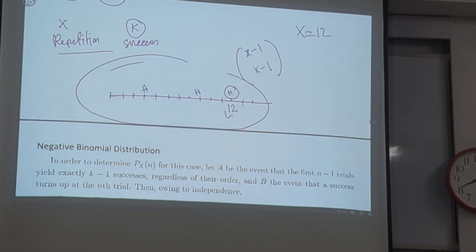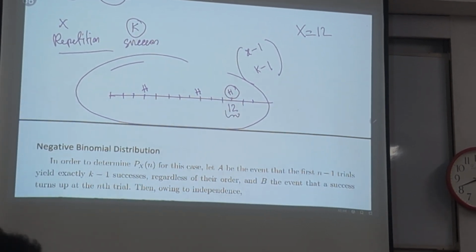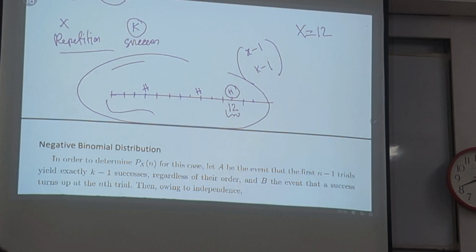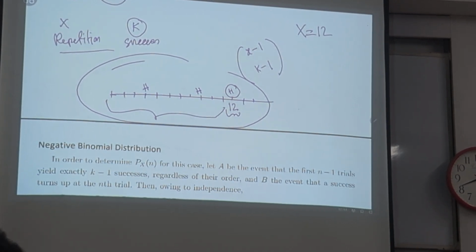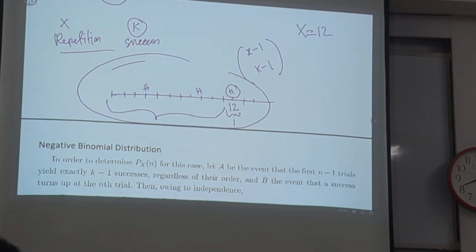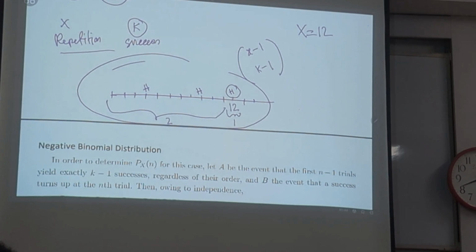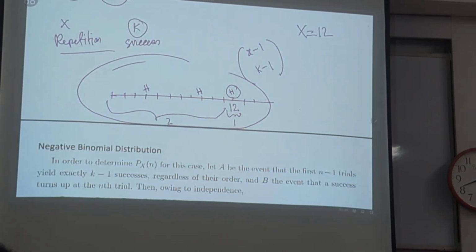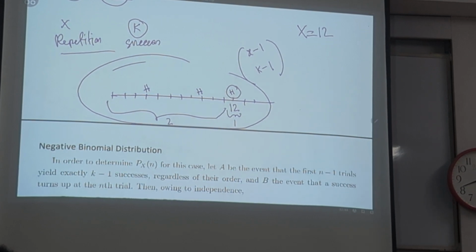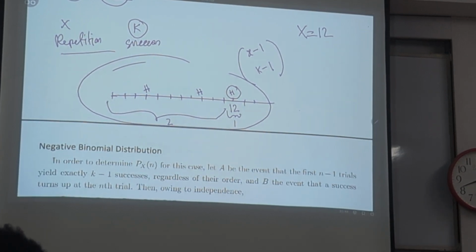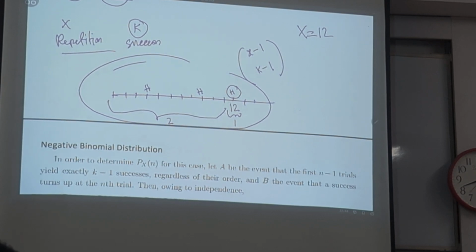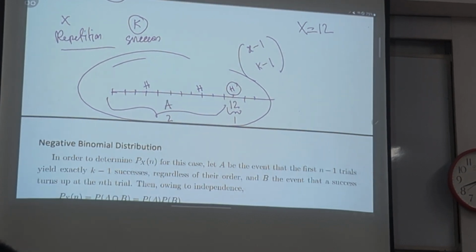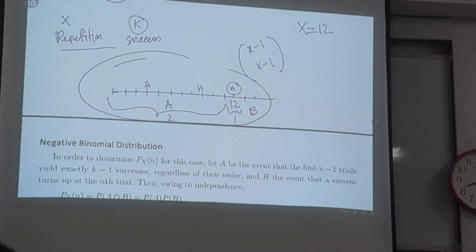You have a success in the 12th attempt, and you have 2 successes in the 11. Right? Now, if you define this one as A and this one as B, you get that.